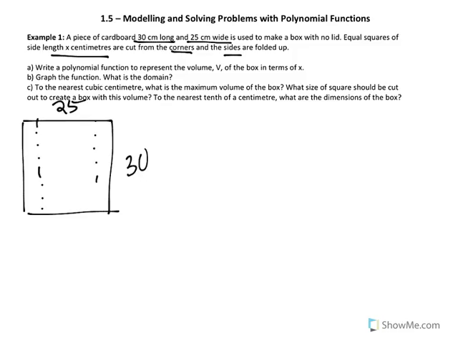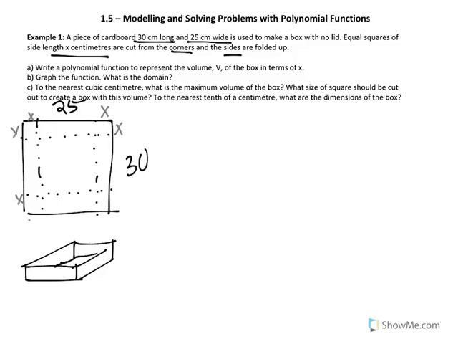We're cutting sides off here so that when we fold it, it will look like this. So we have a box with no lid. This side length right here is x. All of them are x there, which means when we fold it up, this side is x.